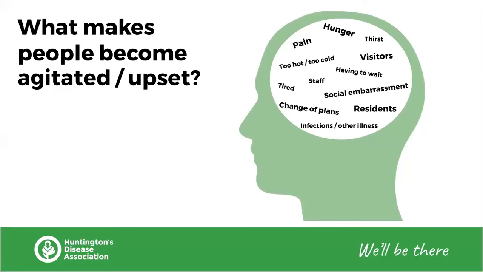So other things in there, we've talked about having to wait, which can make people really agitated. Social embarrassment, so some people might be upset if they're out and about and they're behaving slightly differently. Some people will be unaware, some people will be absolutely fine with it, it doesn't bother them, and for other people it might be a bit upsetting, and it's trying to find ways around that.